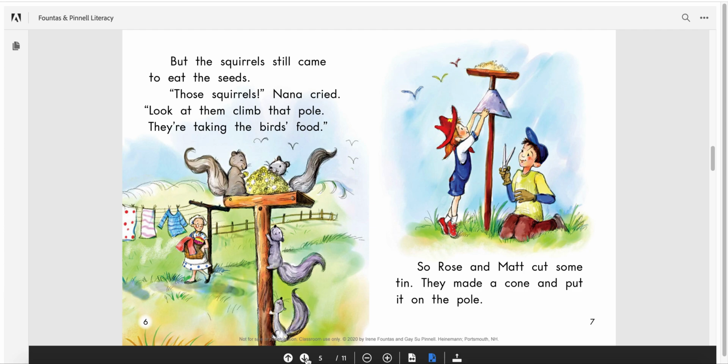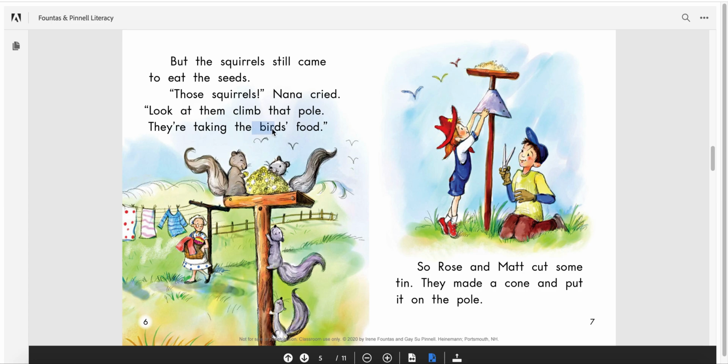Oh, I want to stop at this page. On page 6, I'm going to read this bottom paragraph. Those squirrels, Nana cried. Look at them climb that pole. They're taking the birds' food.